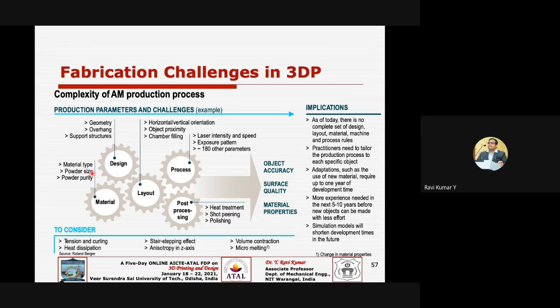If it is a powder bed system, then we need to check the powder size, particle size, and the powder purity, and so on and so forth. And if it is a filament, whether it's as per the standards, the raw material, the filament, or things like that, we need to look at. And then the layout, whether it's a horizontal or vertical orientation, or object proximity, or you have some chamber filling. How do you make use of your build chamber?